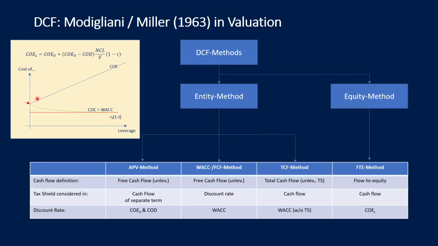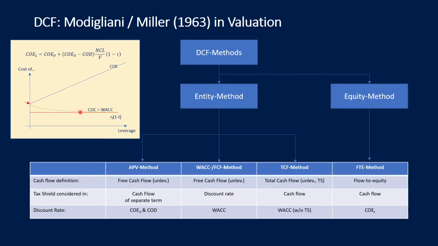Due to this formula, we see that with leverage on the x-axis, the cost of equity of the levered firm is increasing. The cost of equity of the unlevered firm, of course, is this particular spot here. With leverage, the weighted average cost of capital, the WACC, is going down, is decreasing.